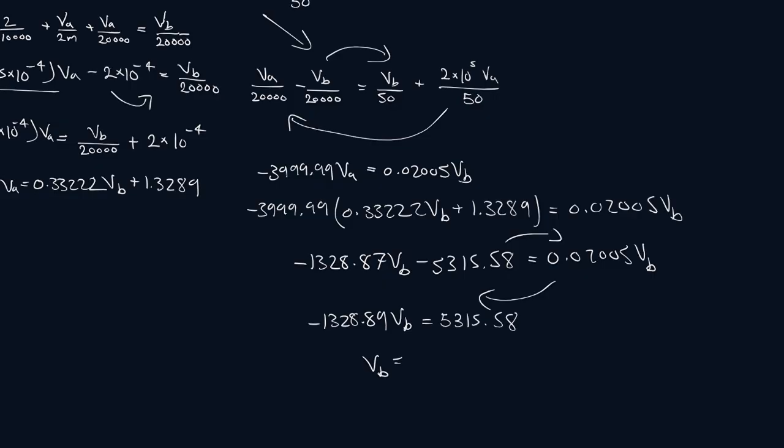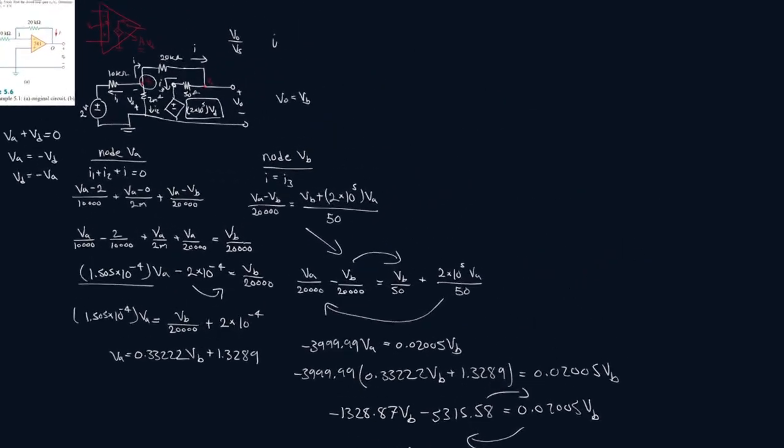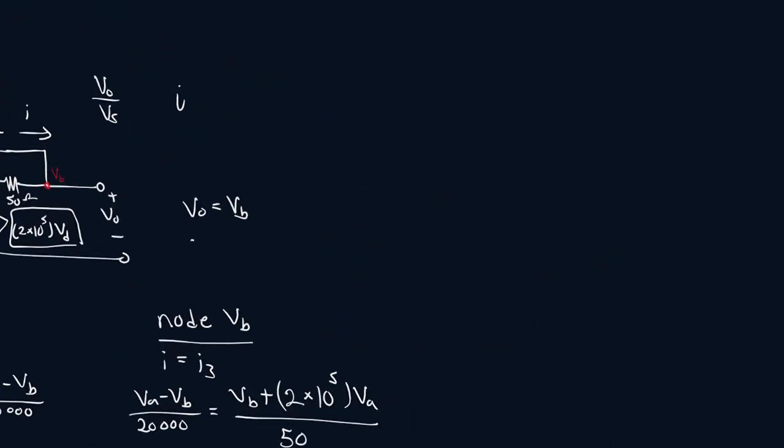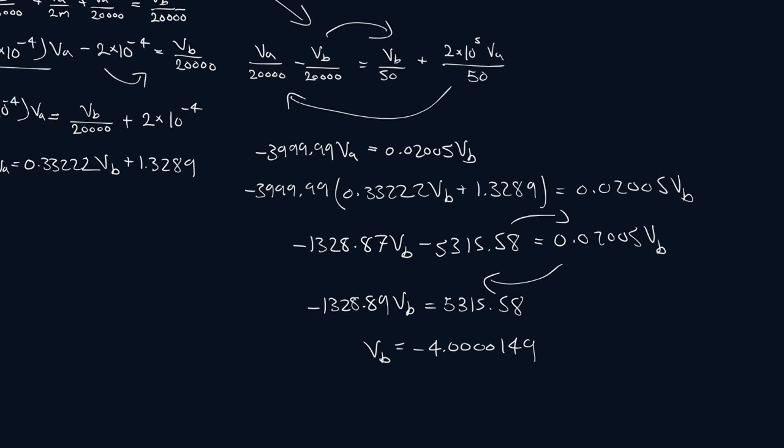VB will be equal to minus 4.0000149. So that's good. And that's what VO is equal to. Wait, was there 5 O's?